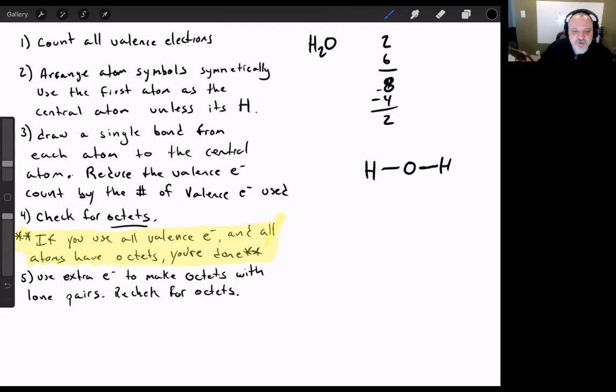It's oxygen that has a problem. It needs more. I did my math wrong. You guys didn't catch me. I have 4 left over. 8 minus 4 is 4. Yeah, and so oxygen needs 4 more electrons. So how do I do that? I do that in lone pairs. 1, 2, 3, 4. I've used all the valence electrons. I'm down to 0. So everything has an octet. I'm done.